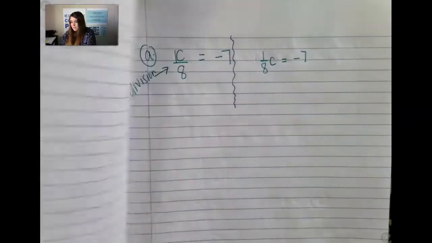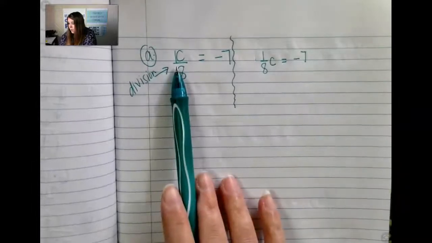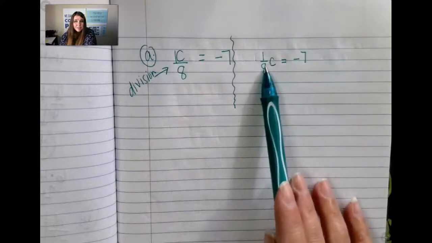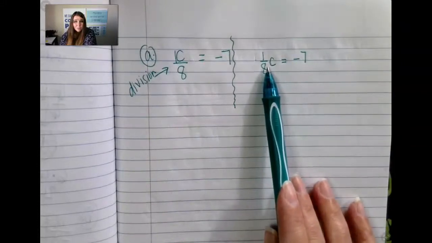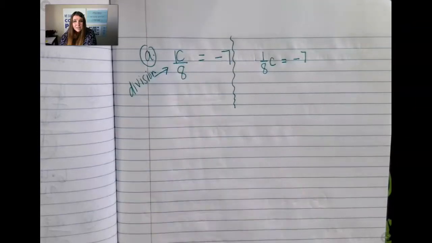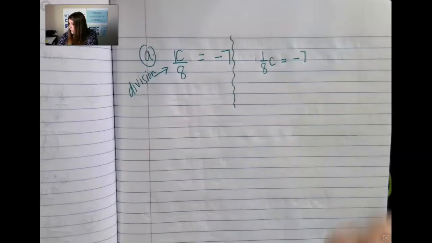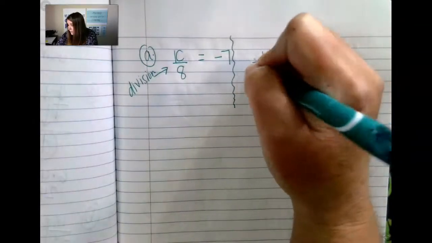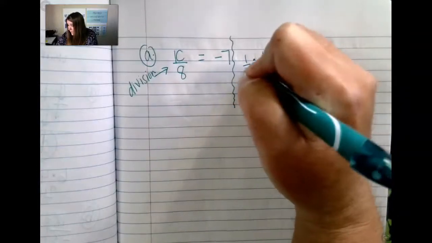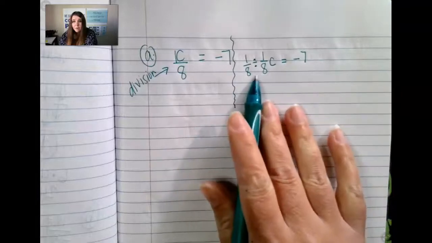What's super awesome about fractions is that they're automatically turned into a multiplication sign as soon as you put it next to the C. Well, to undo multiplication, we have to divide, right? So we're going to divide by 1/8, to get rid of it.